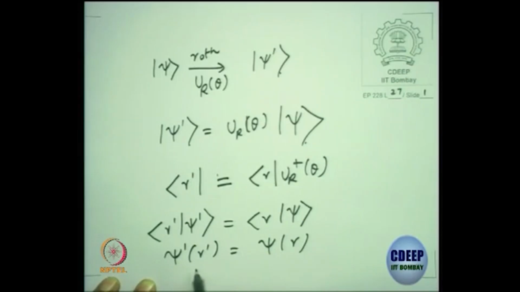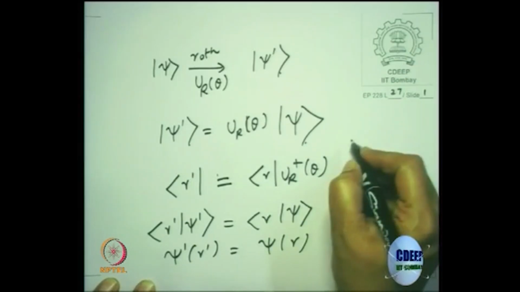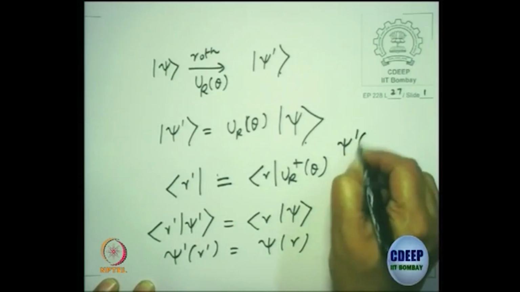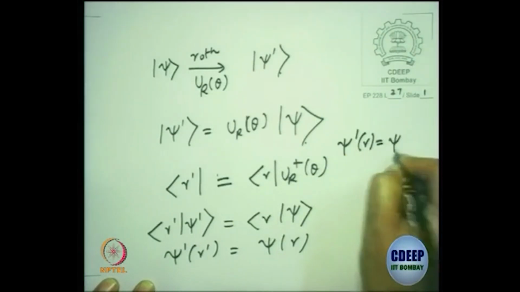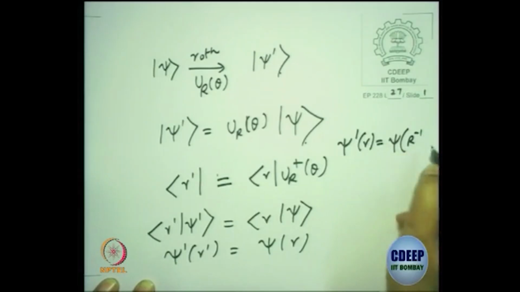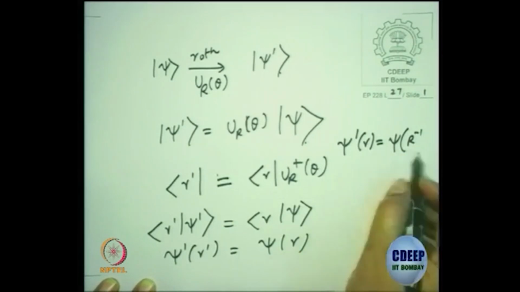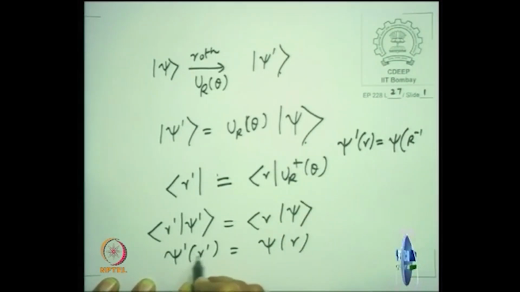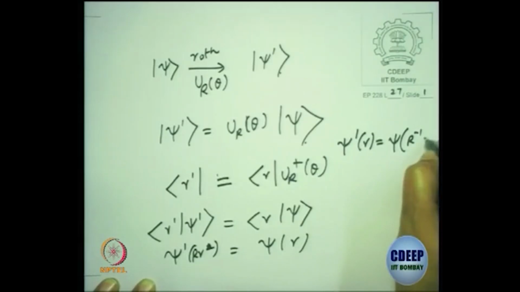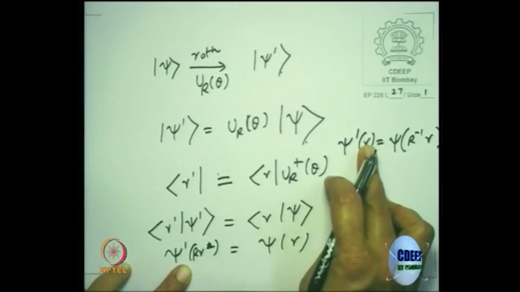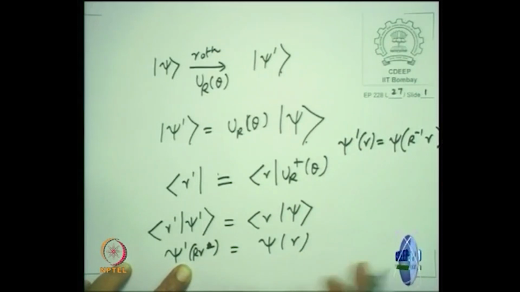So you can try to shift what is happening to psi prime by writing psi prime of r to be psi of R inverse r. You can invert the transformation. You have this as R times r, you can put an R inverse here and write this.